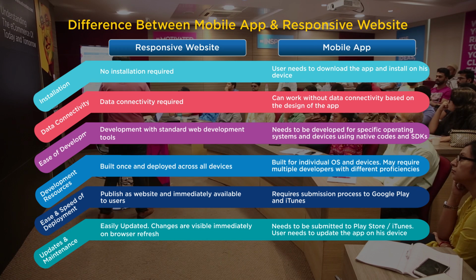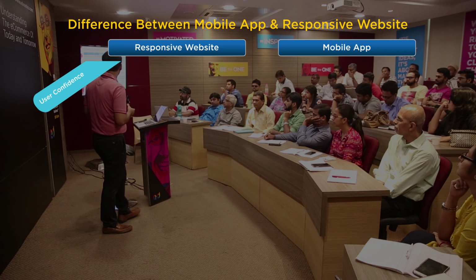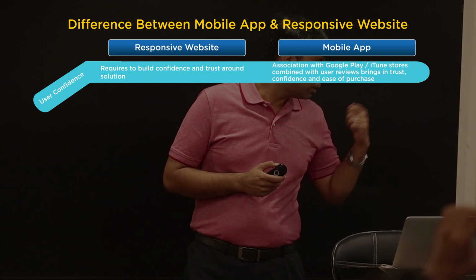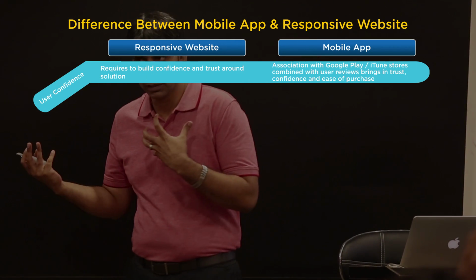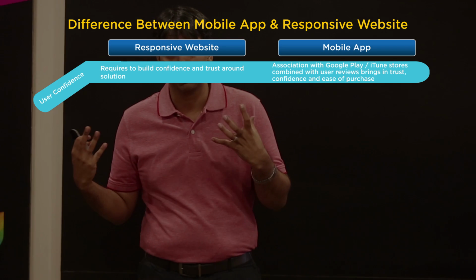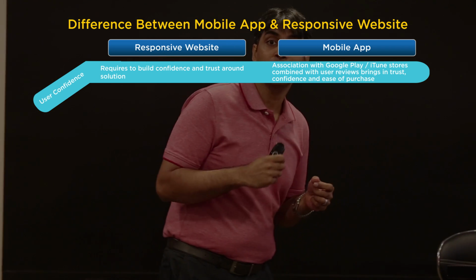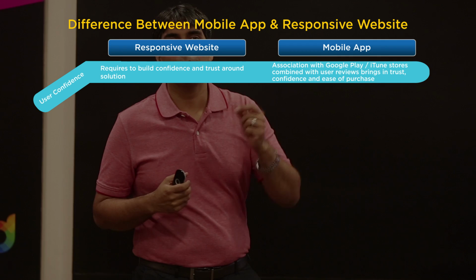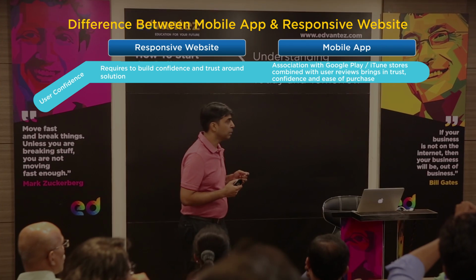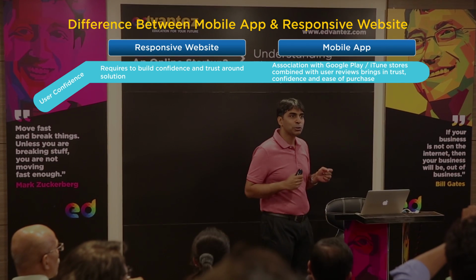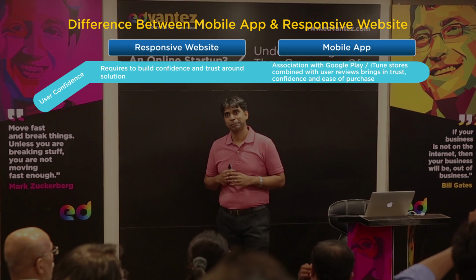Okay? Updates, same thing. User confidence requires building confidence and trust around the solution. So if it's a responsive website, it requires some type of trust. But weird thing is, because an app resides on the Google Play Store, or in the iTunes Store, we have trust in it.